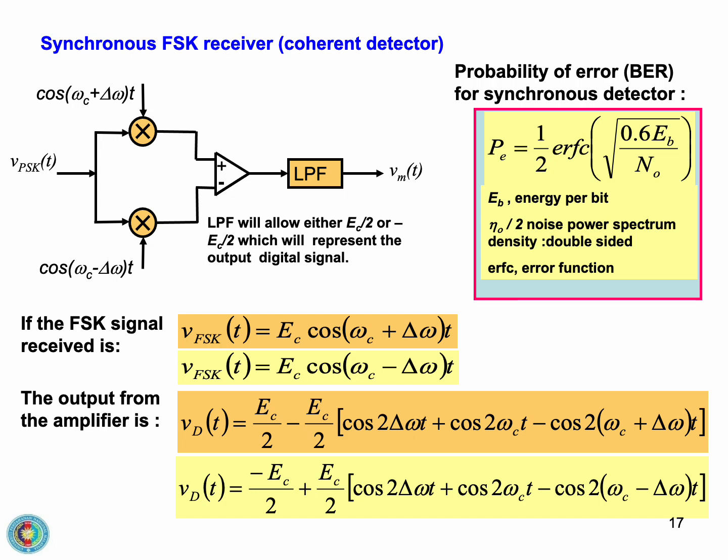Conversely, if the signal is at omega C minus delta omega, the output after the LPF will be minus Ec/2. These positive or negative values then represent the output digital signal. The probability of error for a synchronous detector is generally lower, as shown by this formula, which again uses the complementary error function.